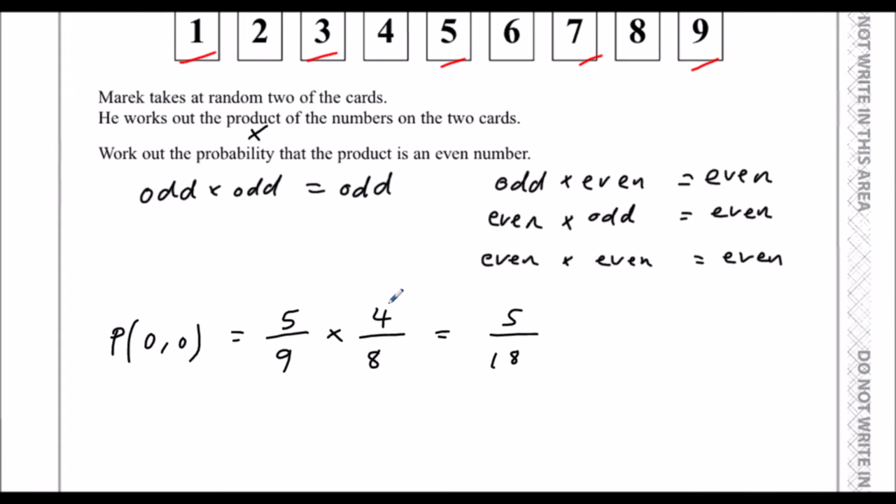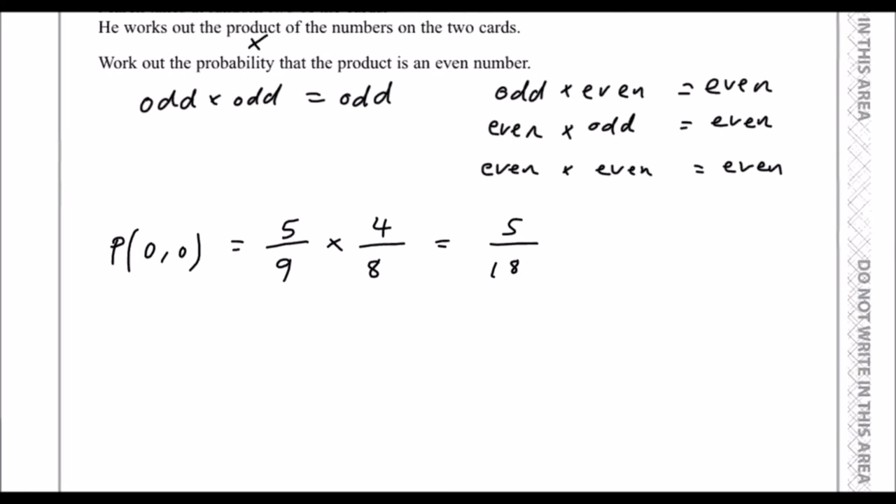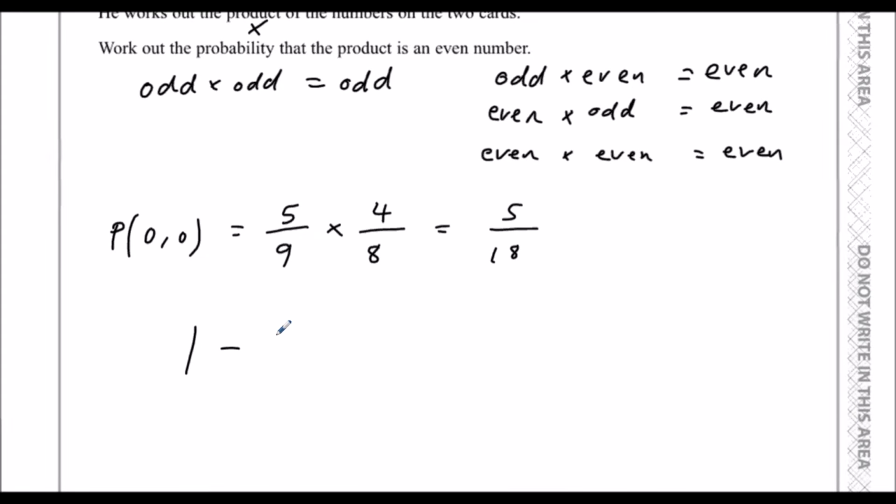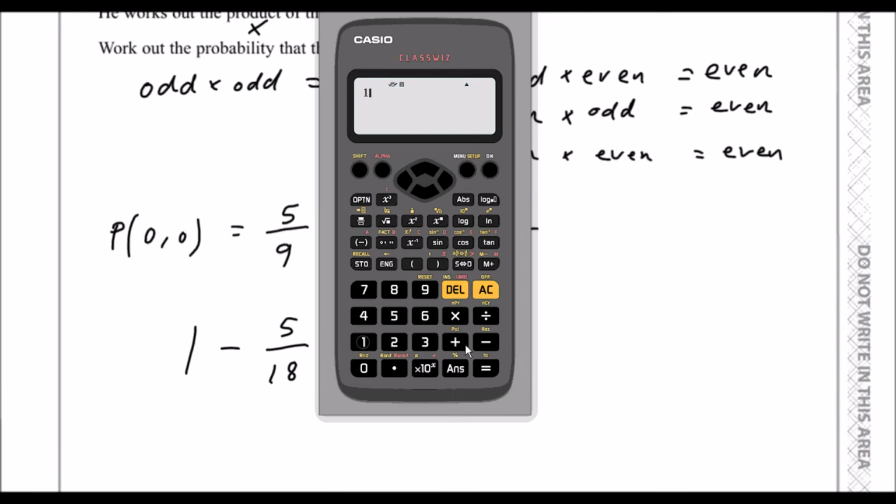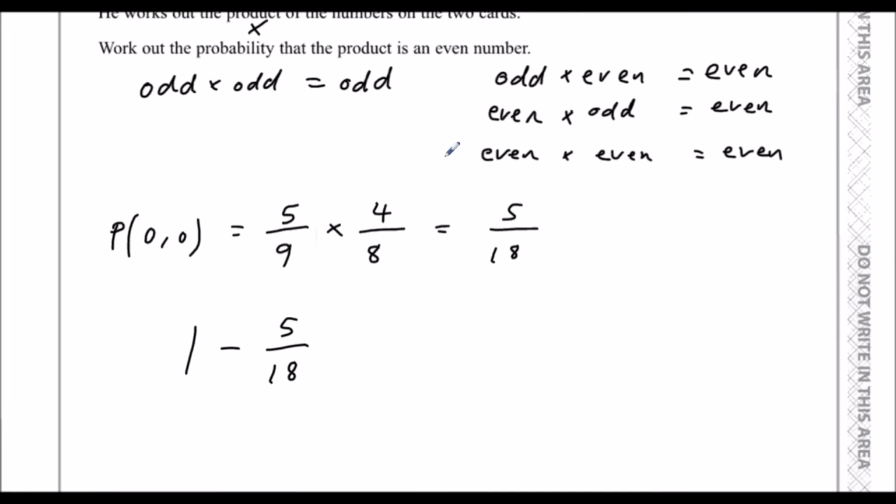So that's the probability of getting an odd, odd. So the probability of an even must be 1 minus 5/18, which is 13/18.